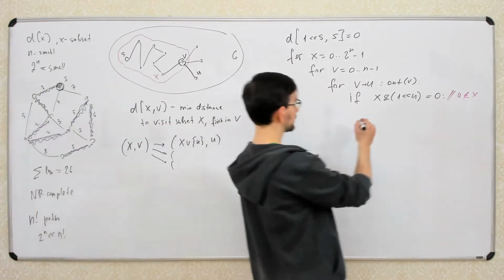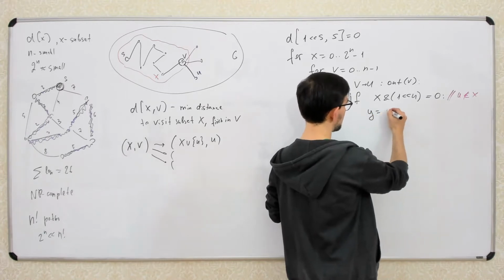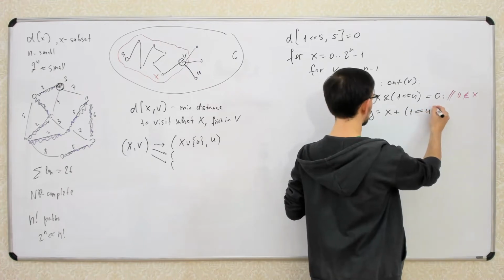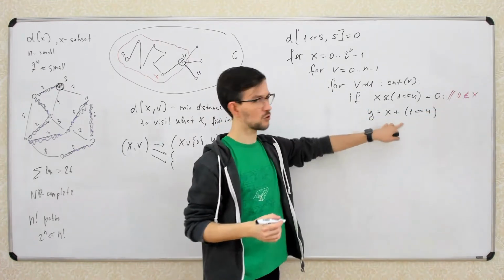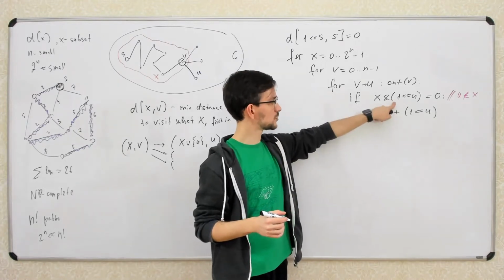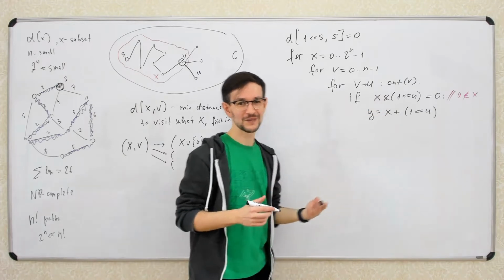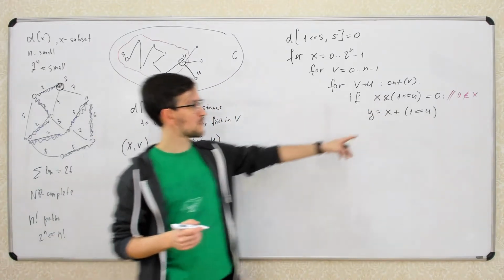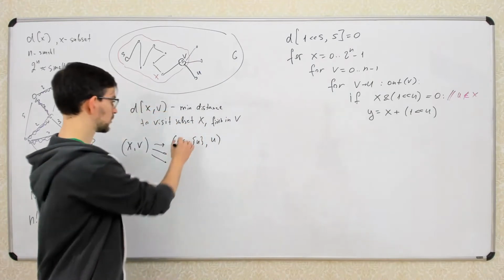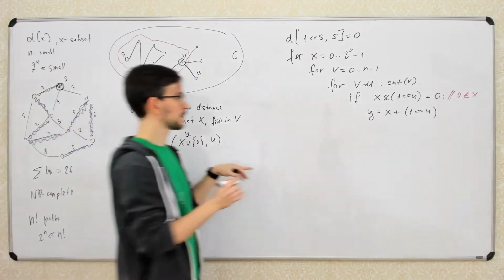Let's say Y will be the set X plus element U. You can use plus or bitwise or, it doesn't matter because U is not in the set X, so I can have plus here, just to make it more clear. But you can have binary or here instead. And now, this is Y, and now we move from this state to this state.